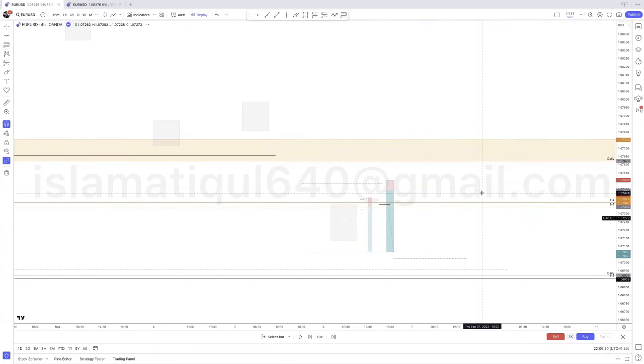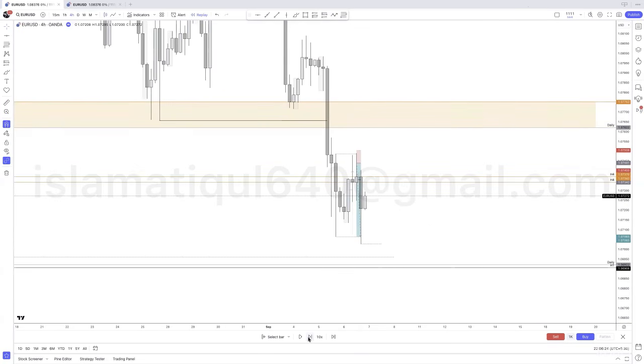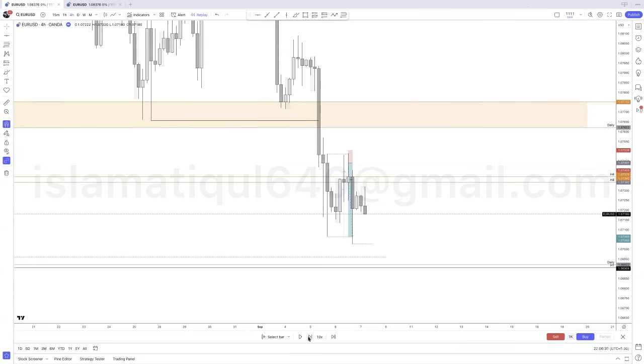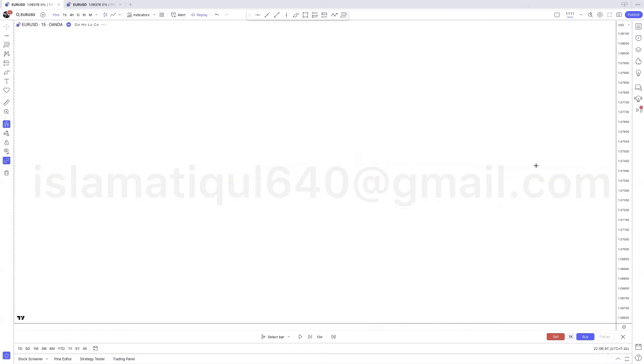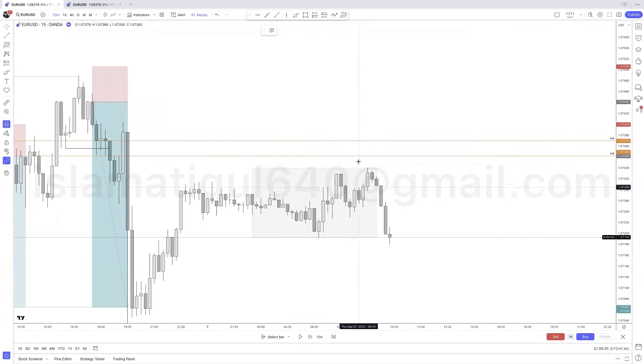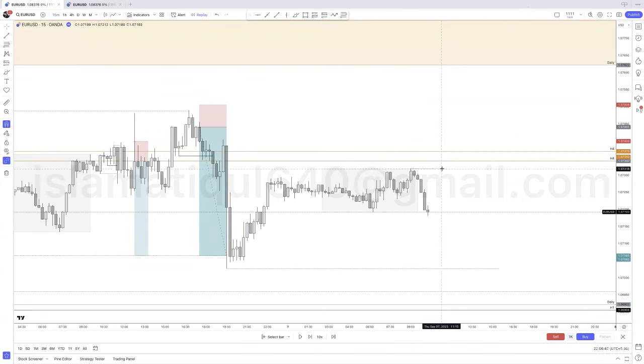Let's wait for Asia to end and then decide what to do. First one, Asia did not tap into it yet. I think Asia is building up liquidity right below the key level that we marked out.